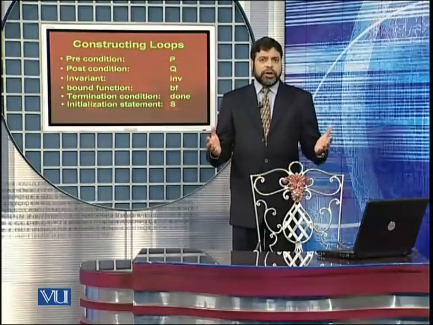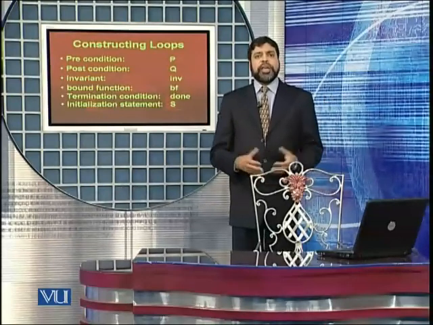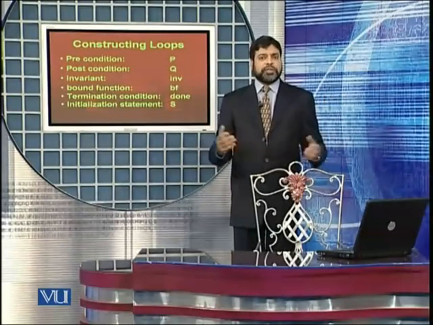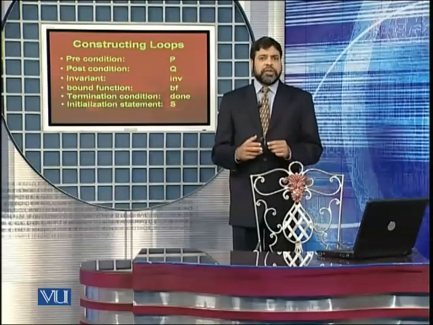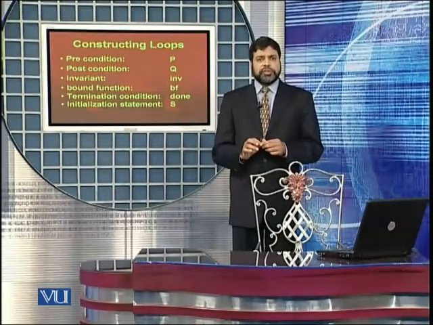So in order to write a program which involves loops, we have to do these 4 or 5 things. That is, we start with the precondition and we have our postcondition. So these are the 2 givens.